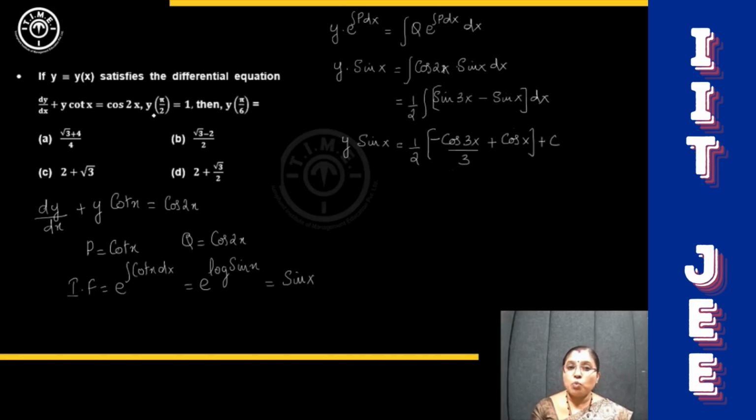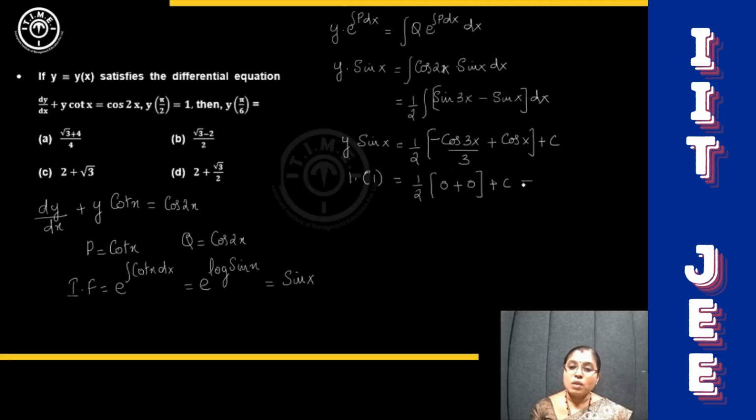Now let us substitute y of pi by 2 equals 1. When x is equal to pi by 2, y is equal to 1. So substituting, we get 1 into sin pi by 2, which is 1, equal to 1 by 2 into minus cos 3 pi by 2, which is 0, so 0 by 3 is 0, plus cos pi by 2, which is also 0, plus c.